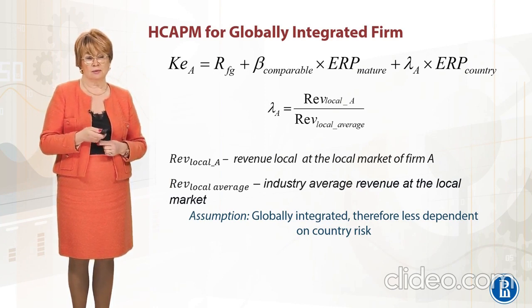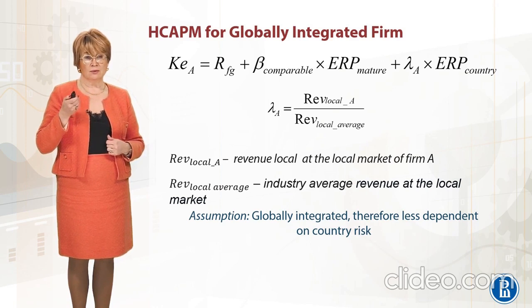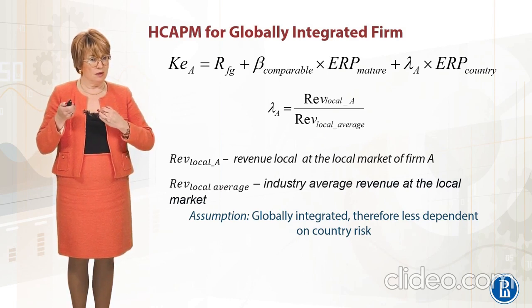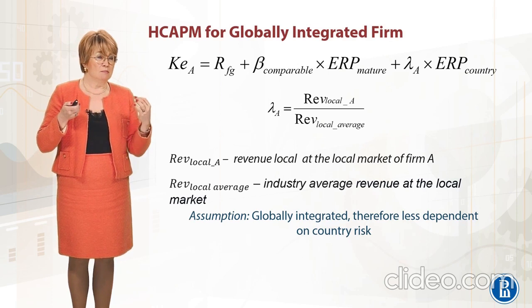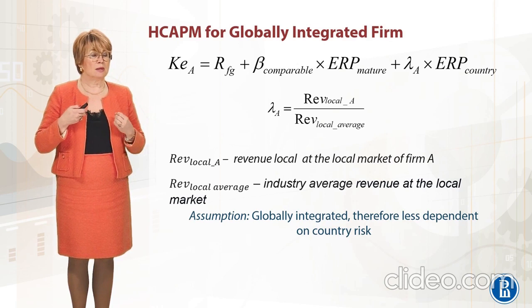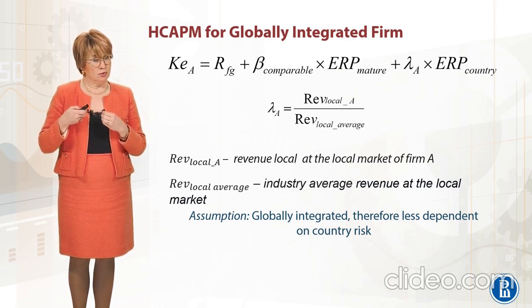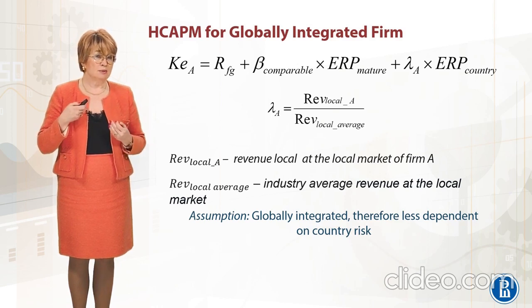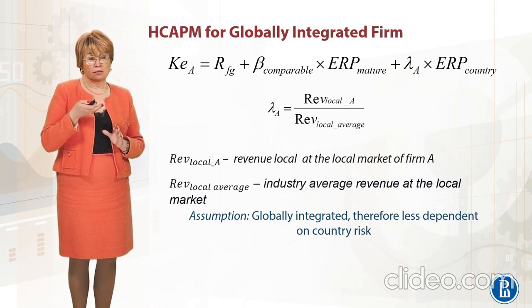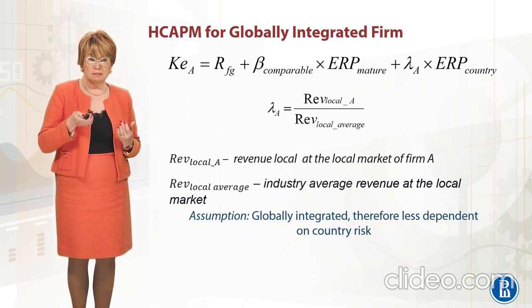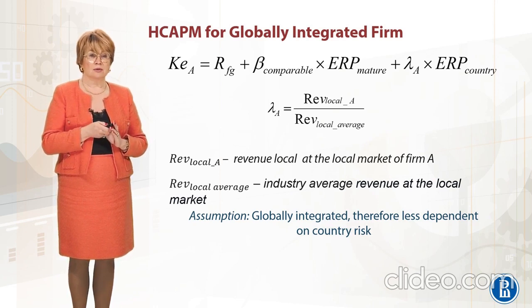If this coefficient is below 1, then it means that the company is less dependent on the country risk factors. Company A is really more dependent on external product markets than on the local product market. From that follows our assumption and our conclusion that company A, if lambda is well below 1, is less dependent on the country risk factors.